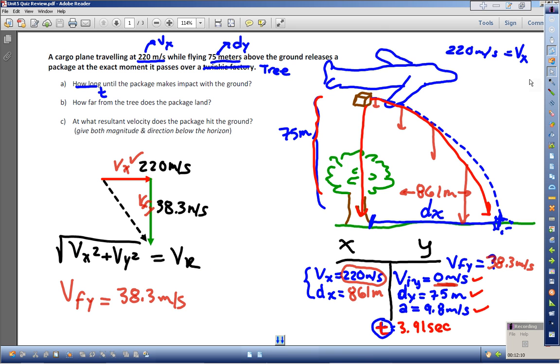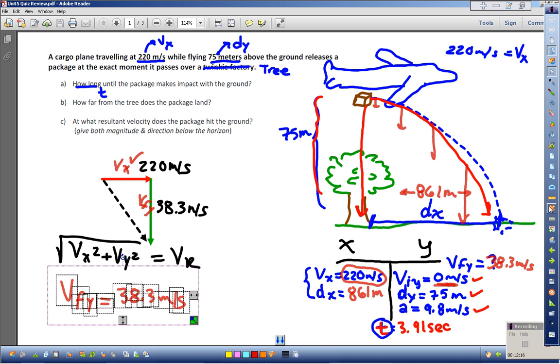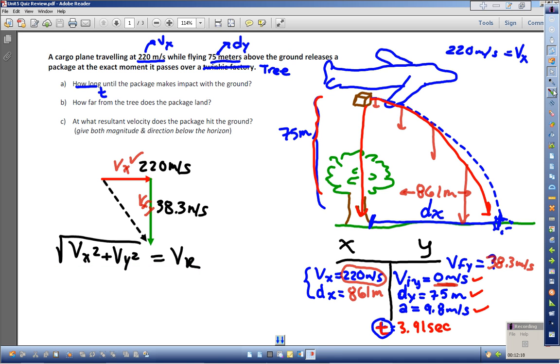In this case, if I take 220 squared and add it to 38.3 squared, and take the square root of that, you'll need your calculator. You should get that this has a resultant velocity of 223 meters per second when it hits the ground. A resultant of 223 meters per second.